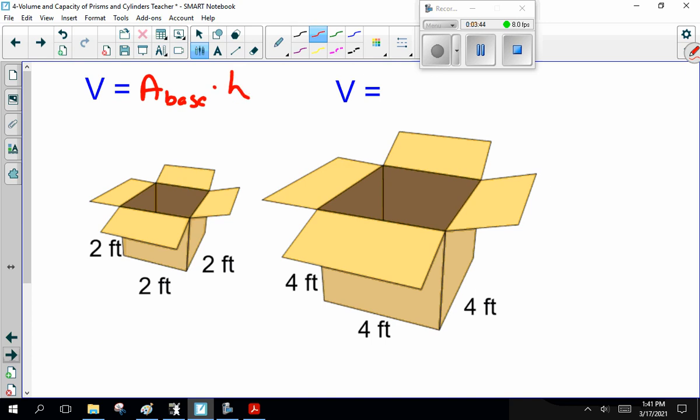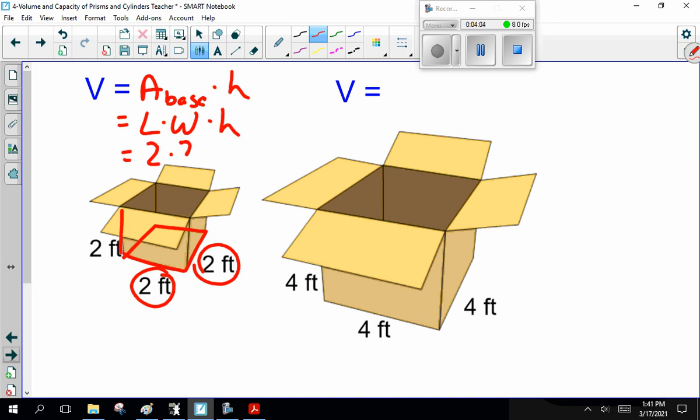times height. So, in this 2 by 2 foot box, I'll do this one with you, then I'm going to pause the recording, and you're going to calculate the volume of the 4 by 4 by 4 foot box. I need you to realize the base here is 2 feet by 2 feet, and the height is 2 more feet.